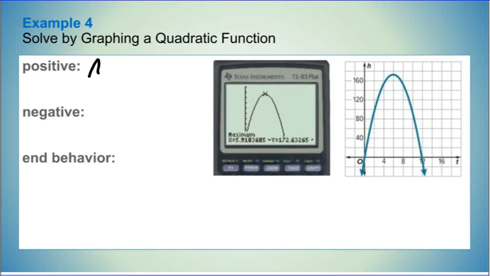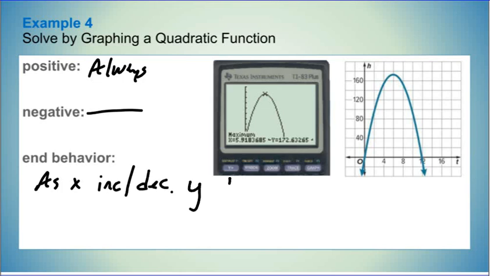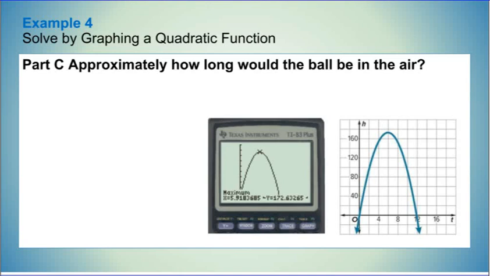It's always positive, never negative. For end behavior, as x increases and decreases, our y decreases. And then part C, approximately how long would the ball be in the air? We found that the other 0 was here, so that would be roughly 12 seconds.